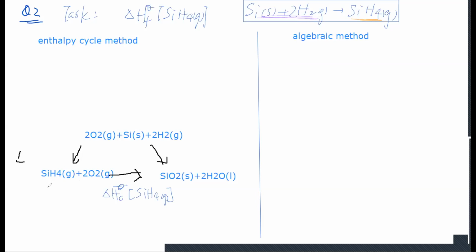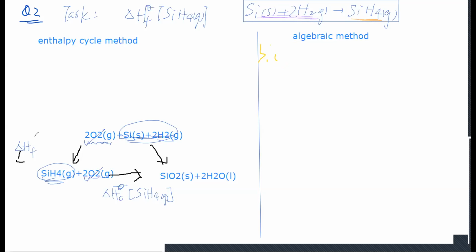What is this? How about the others? How about this one? Delta H of what? It is from the elements to form SiH4. But you may see that these two terms are the same, right? So this is from these to this. Yes, formation.